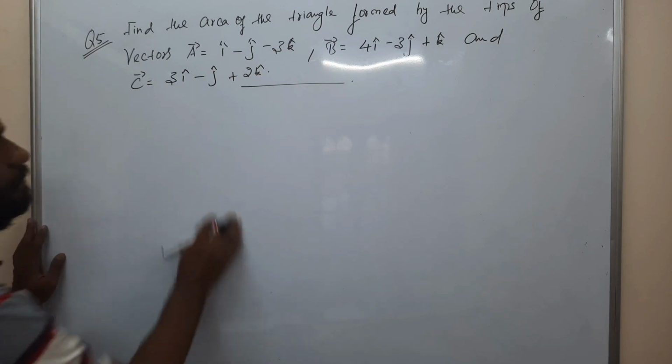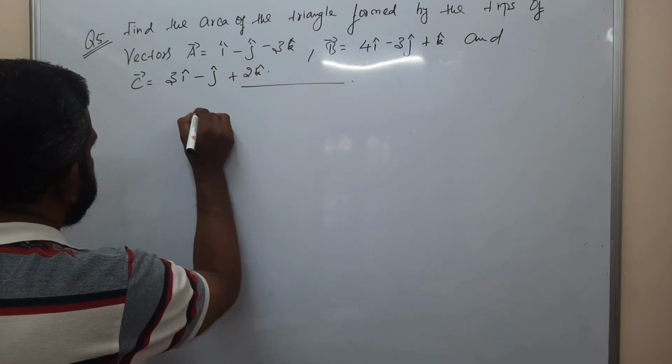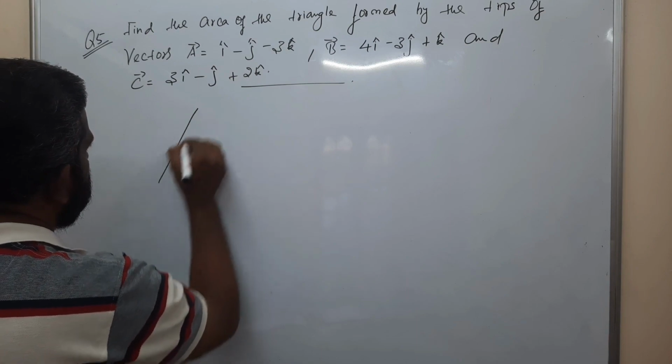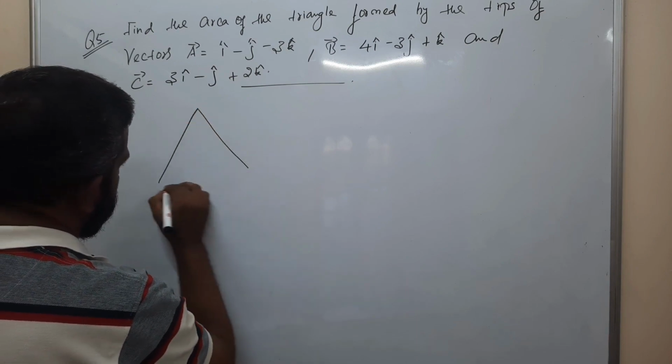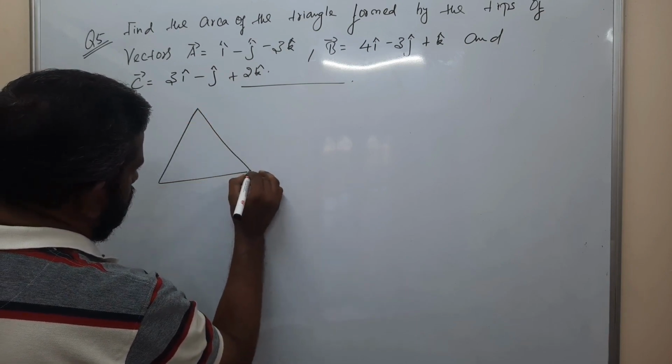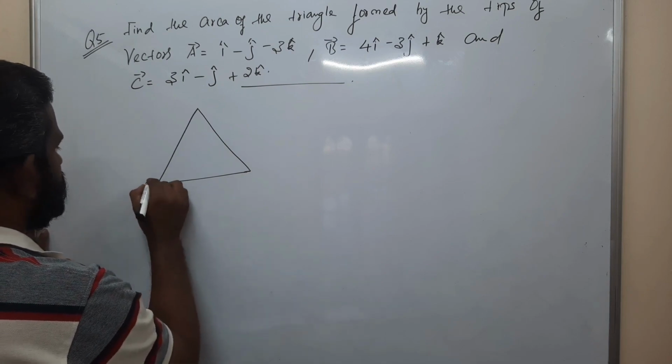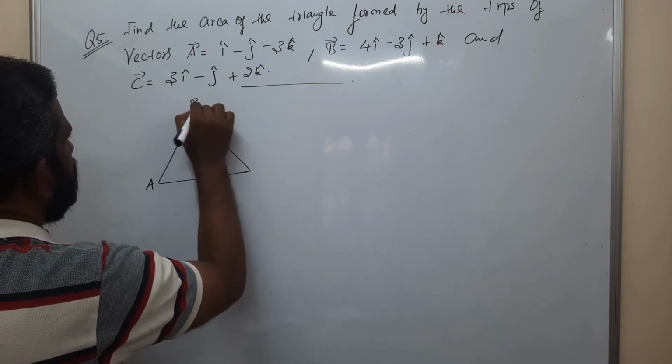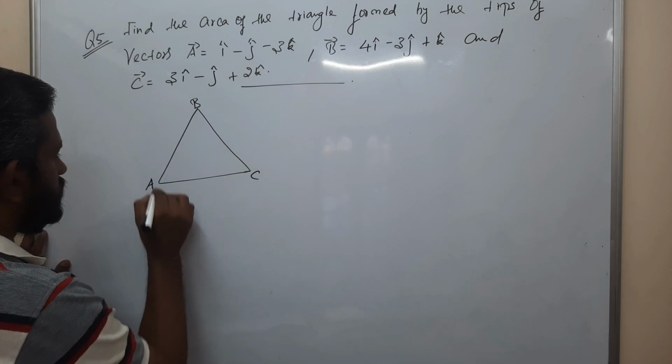So consider a triangle. This is A, B and C, these 3 points.